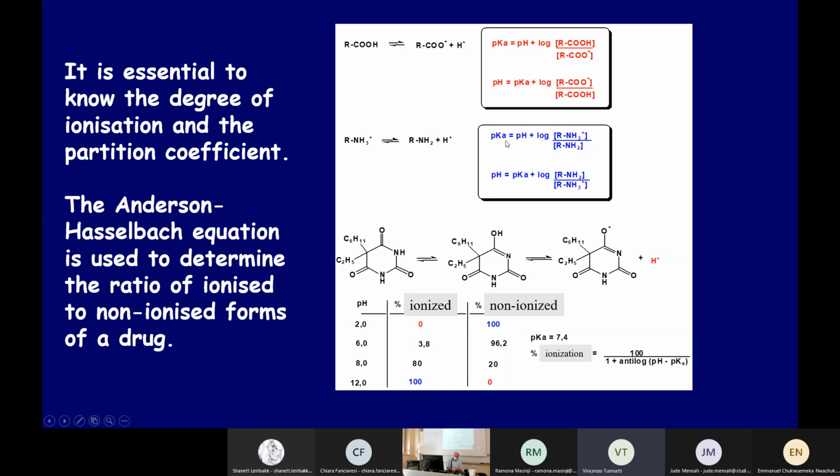If you want to know the concentration of the two forms, we have to know the pKa of your drug and the pH of the application of your drug, where your drug is, in what kind of medium: in the stomach, in the intestine, on the skin, on the lung, where.